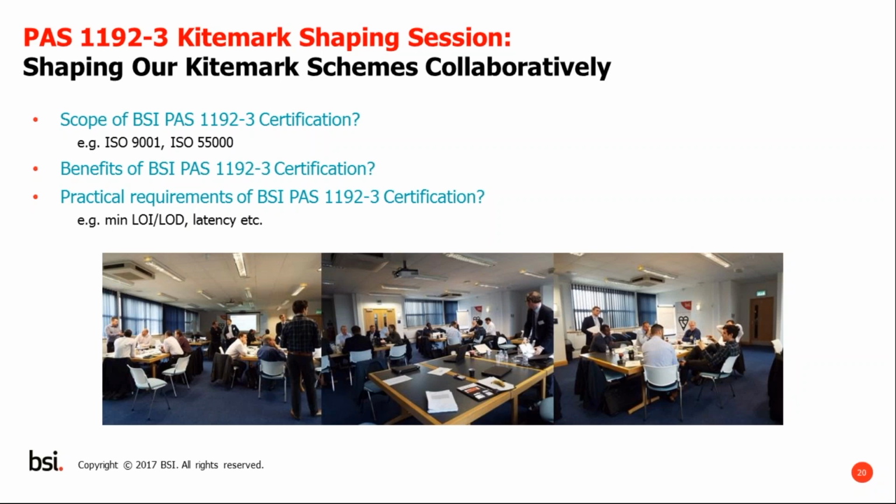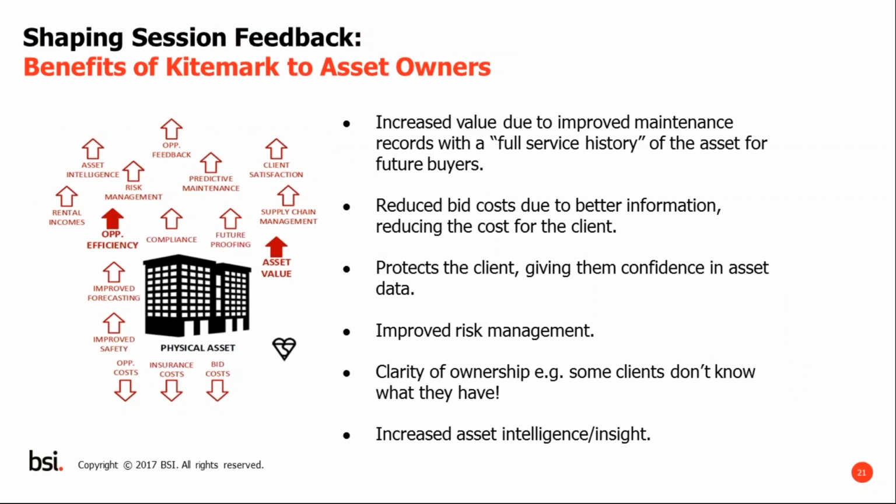Should there be a minimum amount of information captured within the asset information model, irrespective of what the client is being asked for? These are all questions we asked our shaping group. All of these answers are feedback directly from the group themselves.